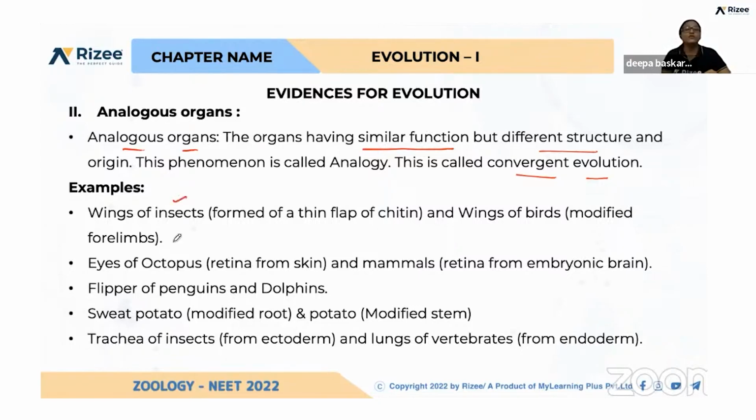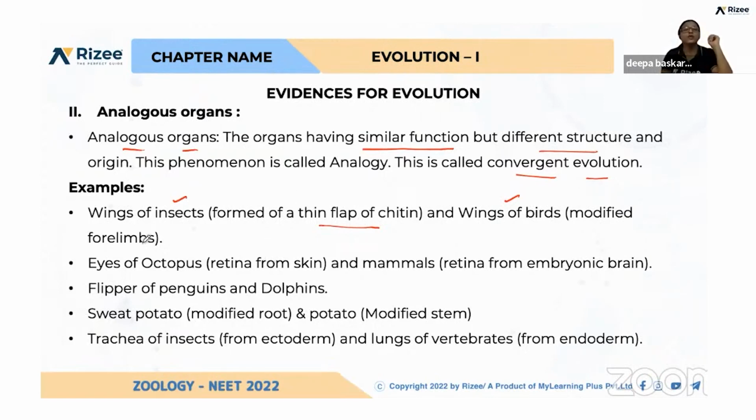For example, wings of insects and wings of birds. Insect wings are formed of a thin flap of chitin, while wings of birds are modified forelimbs. If you see the structure of wings of insects and wings of birds, they are totally different.